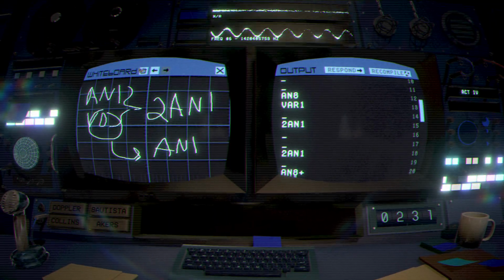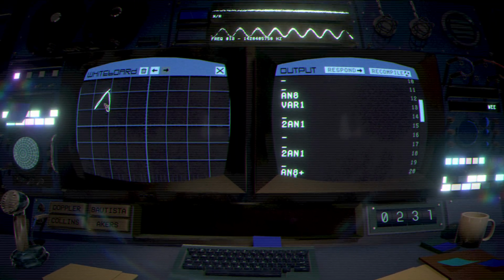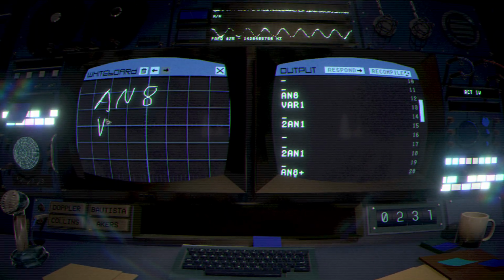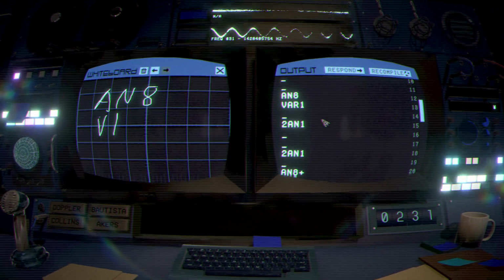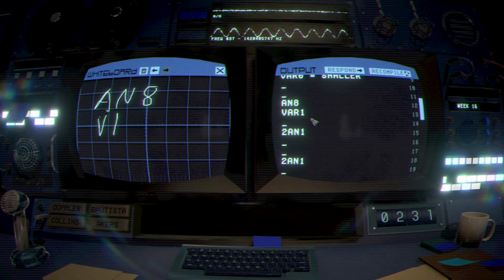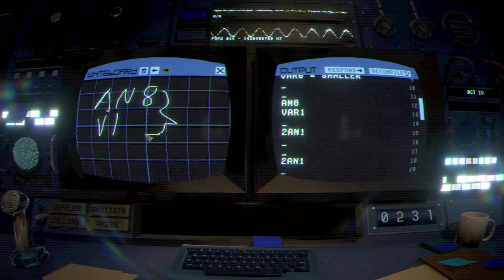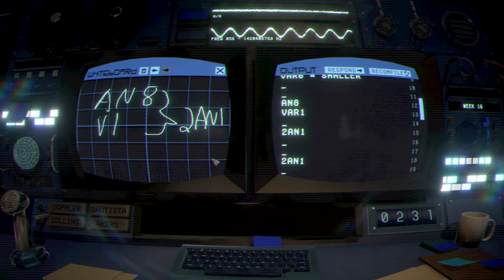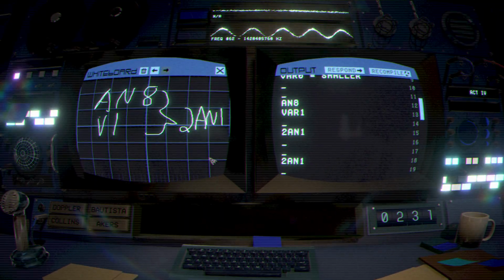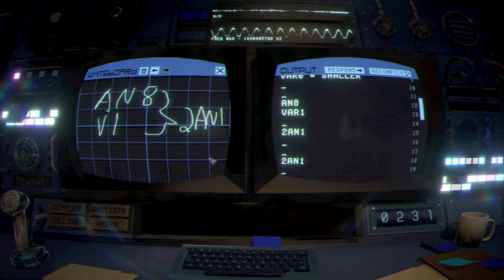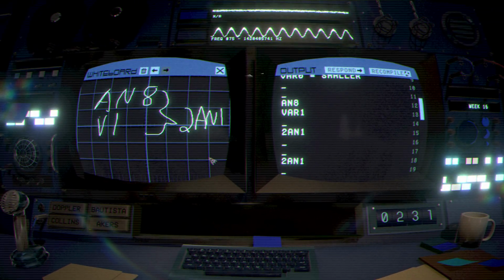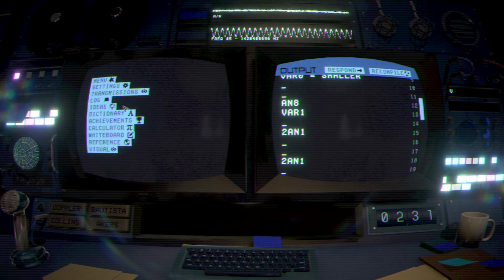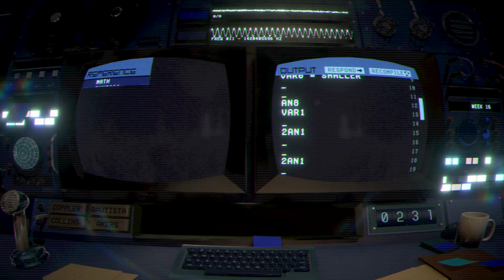Now variable 1. So let's look at this. Given atomic number 8. Variable 1. Somehow find into atomic number. Look at the reference.